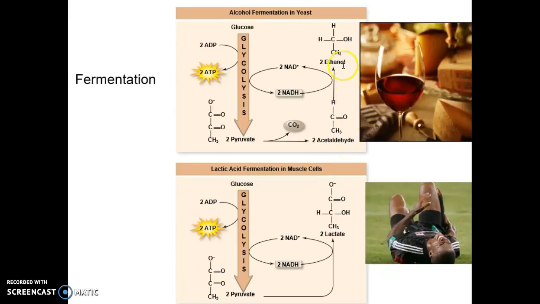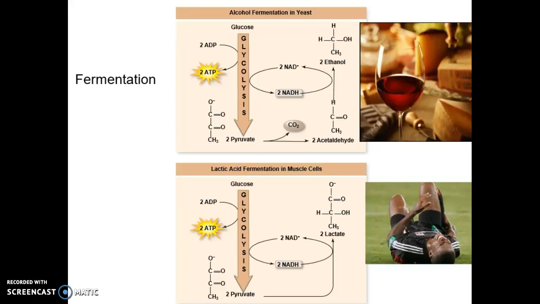That converts into ethanol because of the NADHs, and you have your desired end product of that glass of wine, that bottle of beer, the bread dough that rose from the little ball, expanded out and became the big loaf of bread before you baked it. But keep in mind, there's not much ATP here. This is why fermentation is only going to work in single-celled organisms for any type of extended period of time.